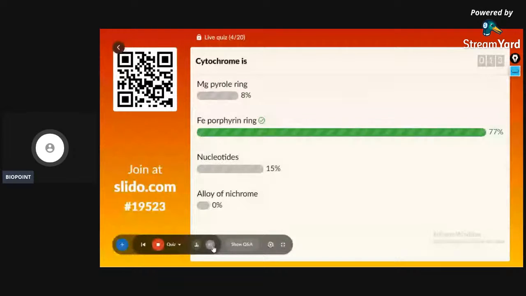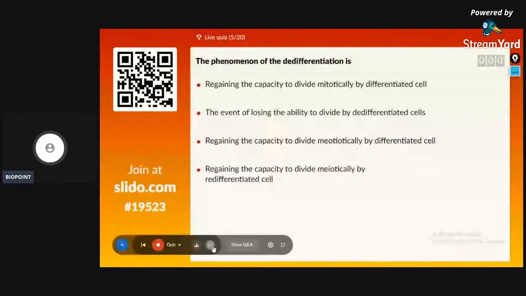Fifth question on the screen. The phenomenon of de-differentiation is: regaining the capacity to divide mitotically by differentiated cells; the event of losing the ability to divide by de-differentiated cells; regaining the capacity to divide meiotically by differentiated cells; or regaining the capacity to divide meiotically by the re-differentiated cell.